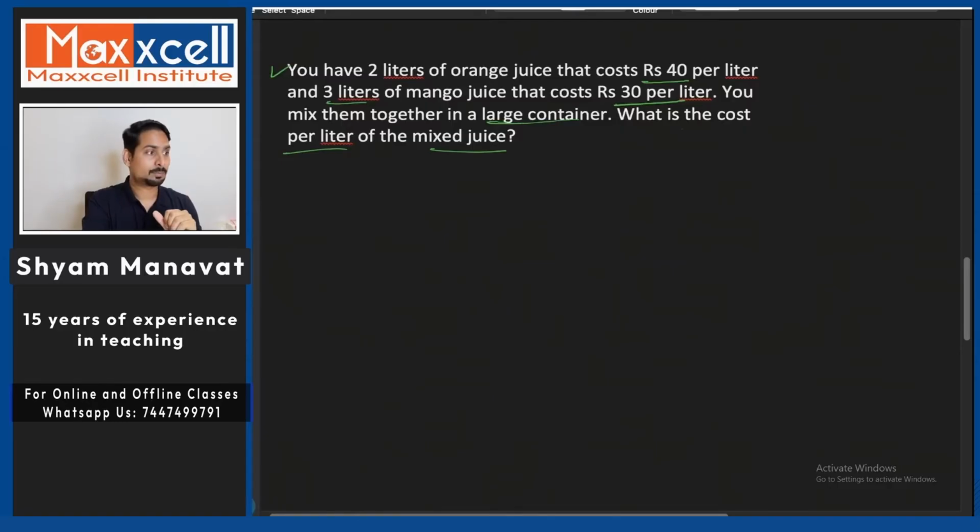So here you can see that you are spending 40 rupees per liter and buying 2 liters of juice, so you are spending 80 rupees on this. Plus you are buying juice at 30 rupees per liter, and you are buying 3 liters of this. Correct? So this is your total spending.